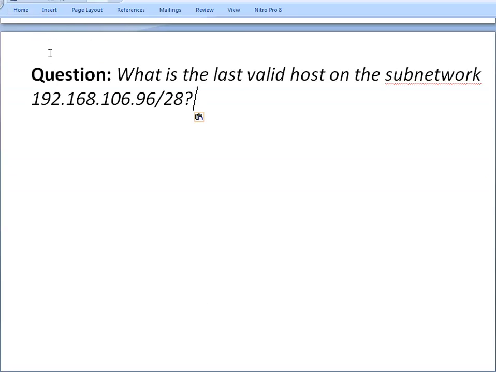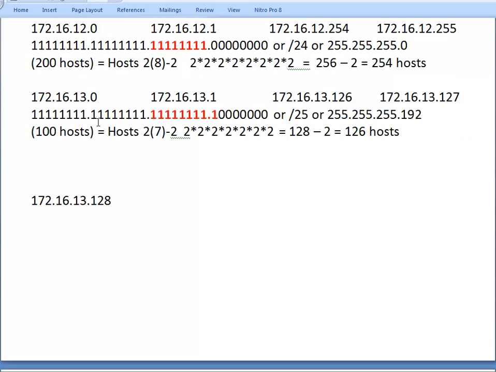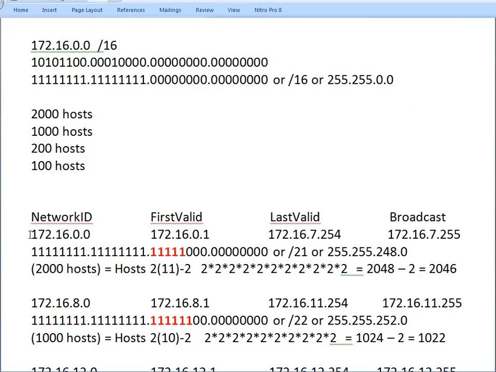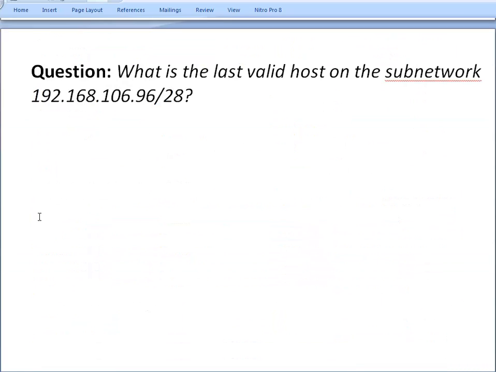The question is, what is the last valid host on the sub network? 192.168.106.96/28.